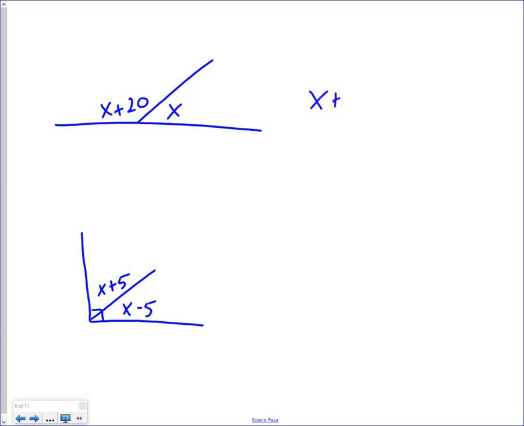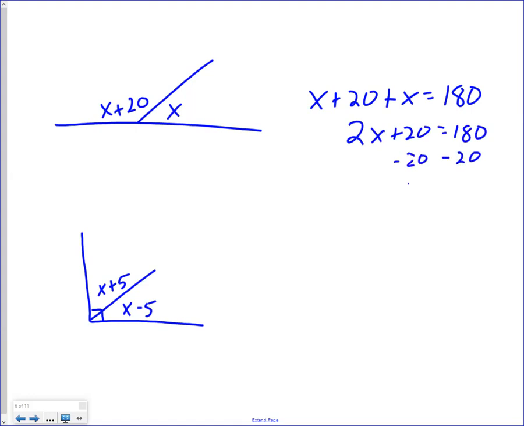So we have x plus 20 plus x equals 180. x plus x is 2x. 2x equals 160, and x equals 80.